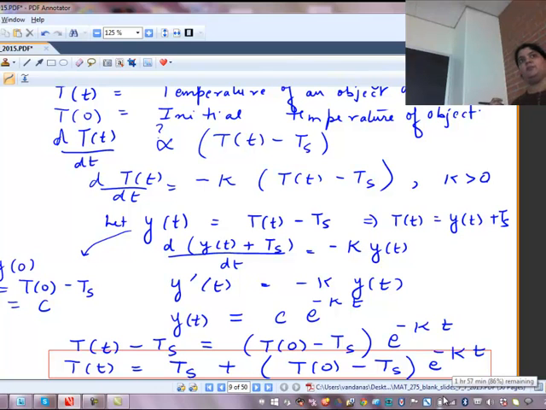So let's do an example then. So is it clear to everyone how we derived this temperature T? Any question in any step? I just replaced y with whatever I have defined before, and I plugged in the value of this constant because y0 is C. K times 0 is 0, e to the power 0 is 1, y0 is C. So y0 is T0 minus Ts, so C is T0 minus Ts, and everything stays in the formula.